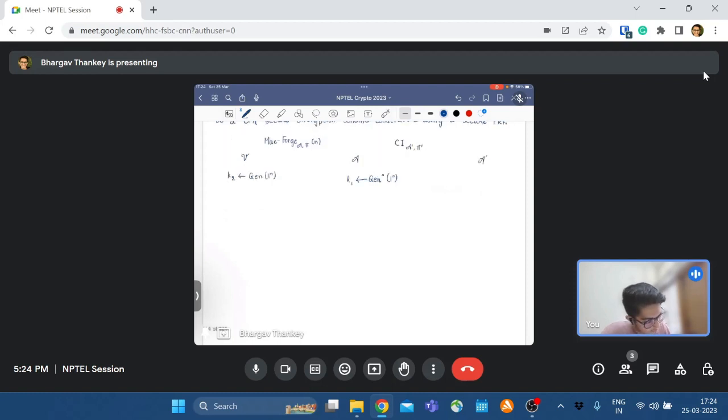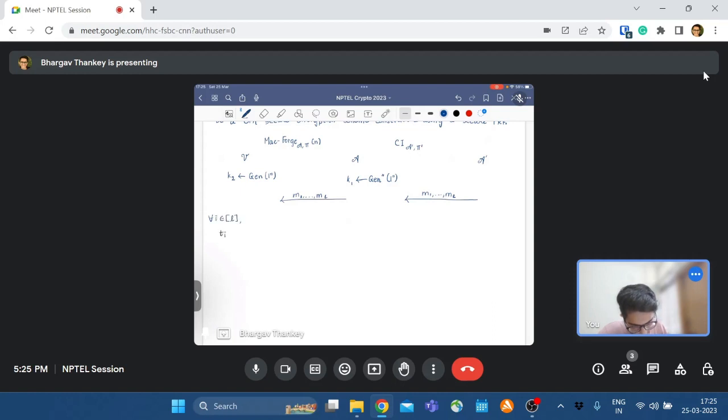And A prime is going to send a bunch of messages. A would just forward these to the verifier. What will the verifier do for all i in n?